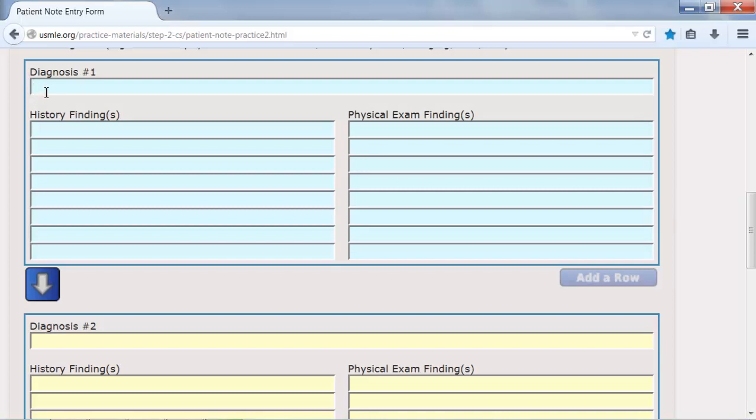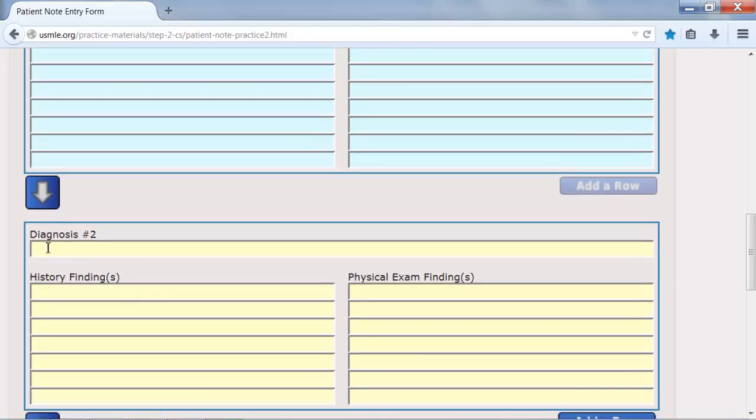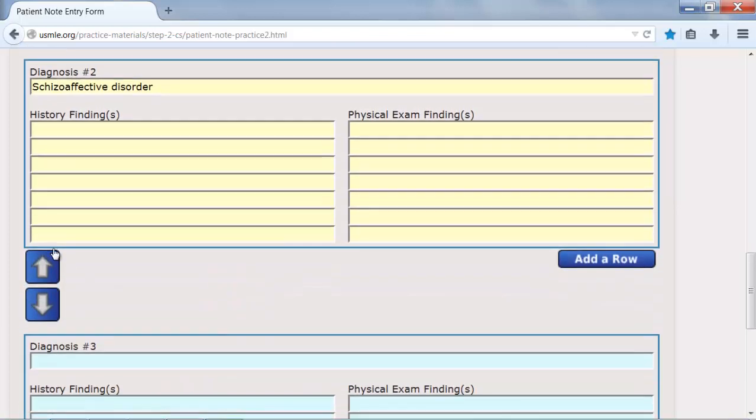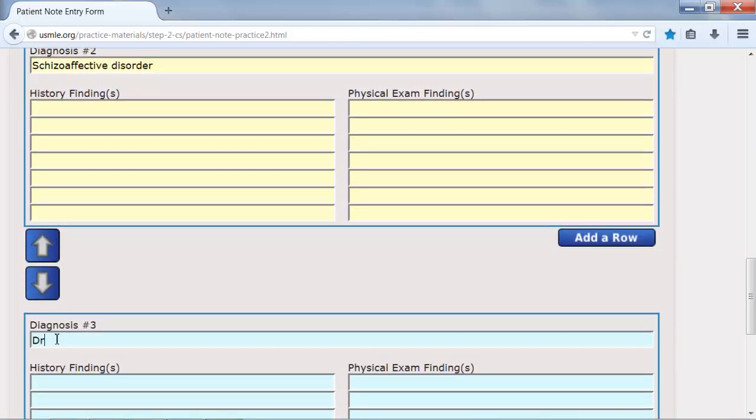So as always, we start here with our differentials, and the three of them will be bipolar, schizoaffective disorder, and drug-induced psychosis.